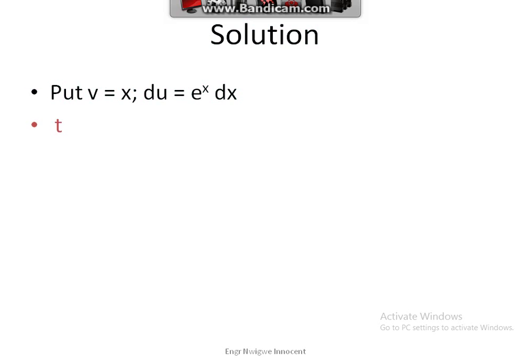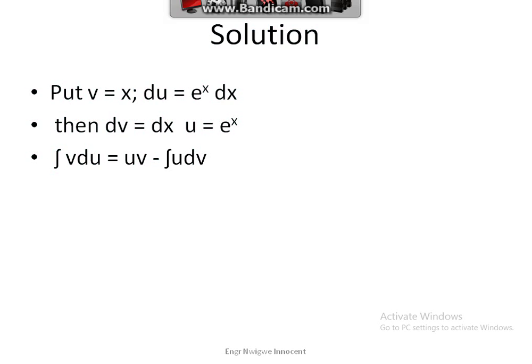Then dv is equal to ds, while u, if we integrate, we now have exponential s. If you now substitute the values into the formula, the integral of v du equals uv minus the integral of u dv.